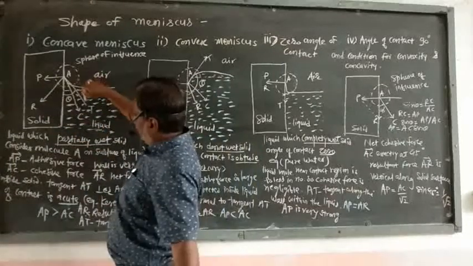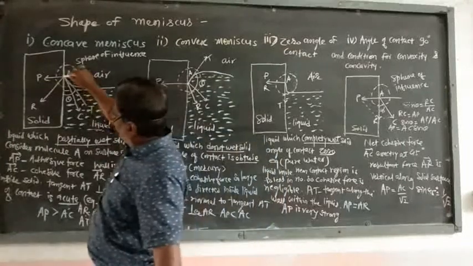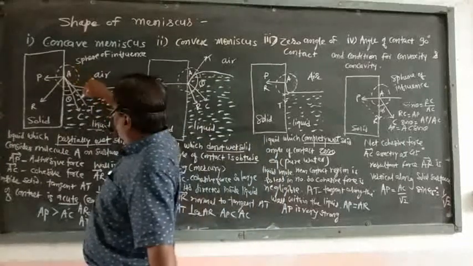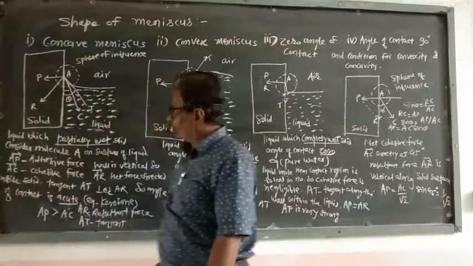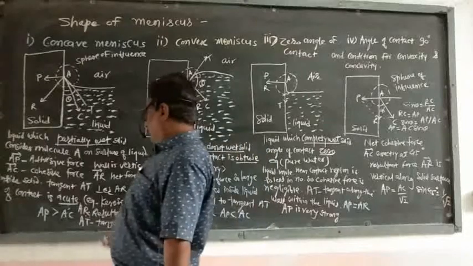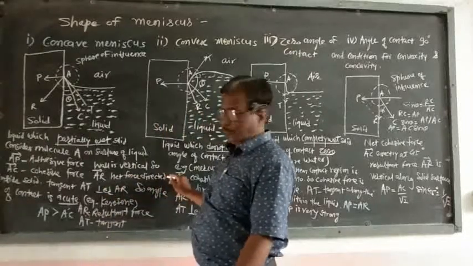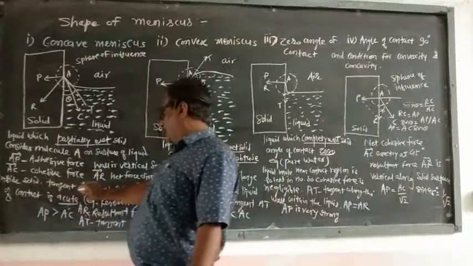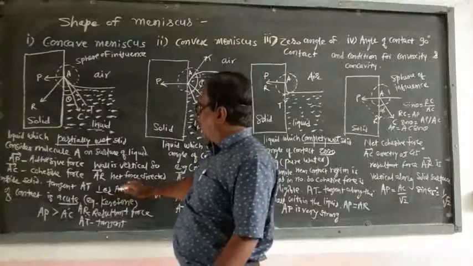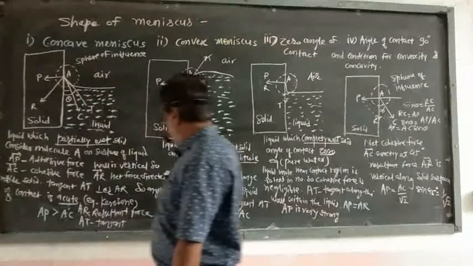Here AT is a tangent drawn from the point of contact of solid and liquid, and theta is the angle. AR is the net force directed inside the solid. Tangent AT is perpendicular to AR.